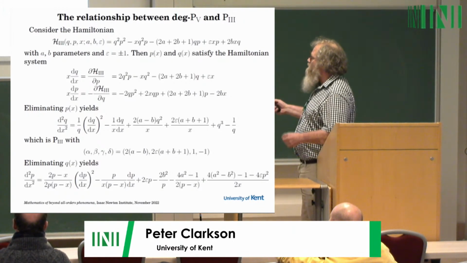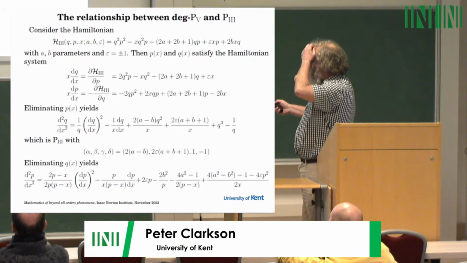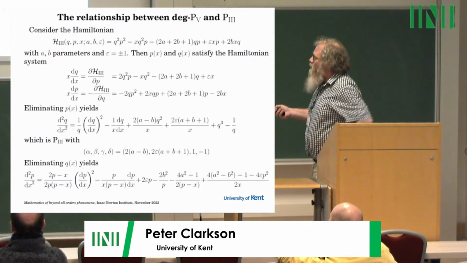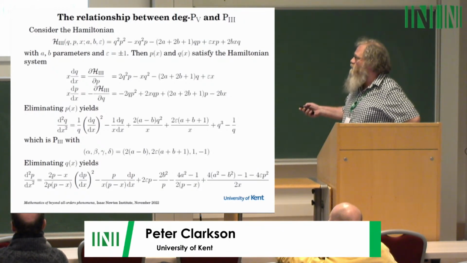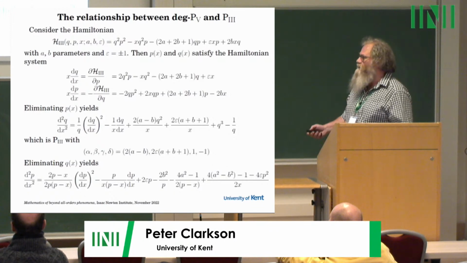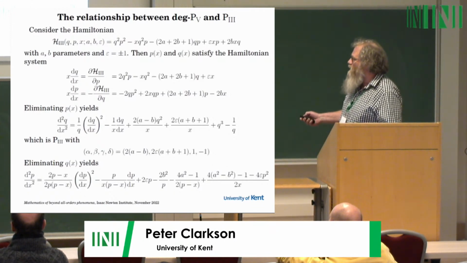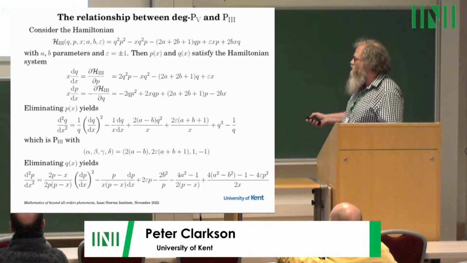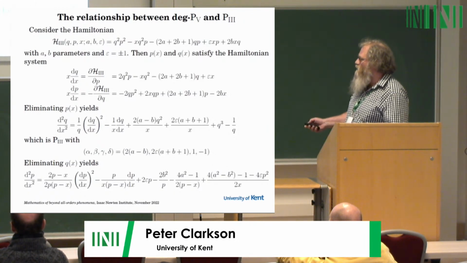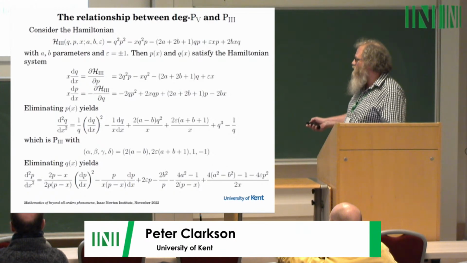And I put 2 parameters, a, b, and epsilon is plus or minus 1. And then you get a system of equations for p and q. If you eliminate p, you get Painlevé 3 for a certain choice of the parameters. And eliminate q, you get this differential equation here.